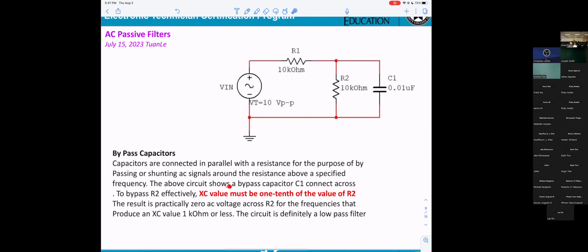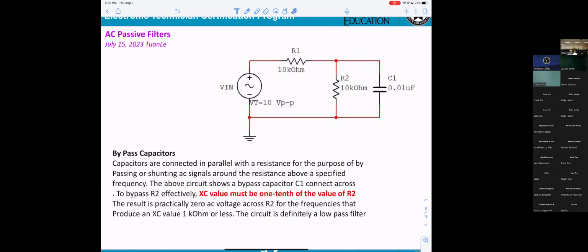The circuit shows a bypass C1 connected across R2 to bypass R2 effectively. The XC value must be 1/10 of the value of R2. The result is practically zero AC voltage across R2.